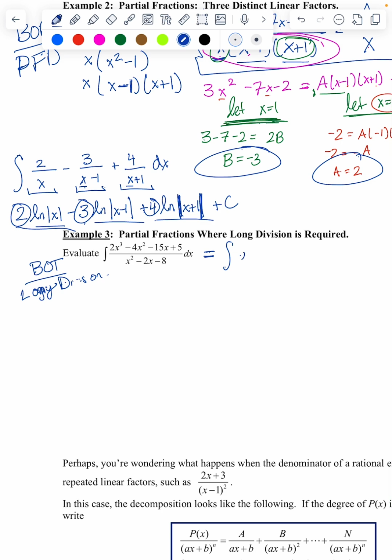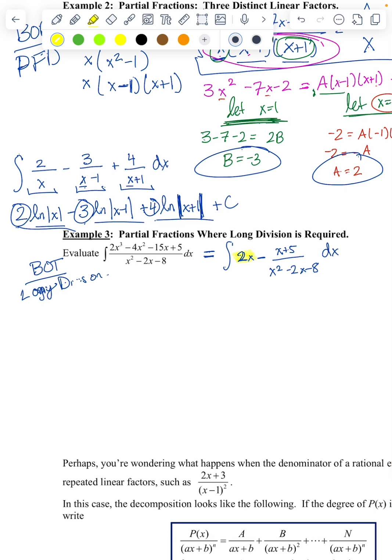You got the integral of 2x minus x plus 5, because that was our remainder from the division problem, over x squared minus 2x minus 8. And then here is an example where, okay, I'm almost there, right?